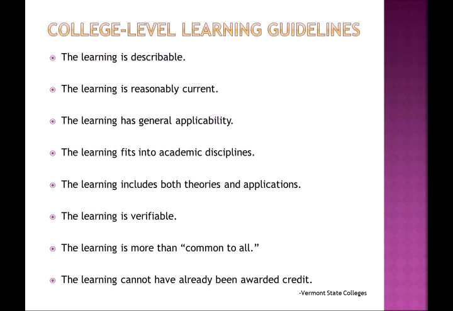So being able to demonstrate and explain applicability outside of the context in which you learned something really shows understanding and mastery of that knowledge, that information. So you definitely want to do this in here, and that's one way to show college level learning.